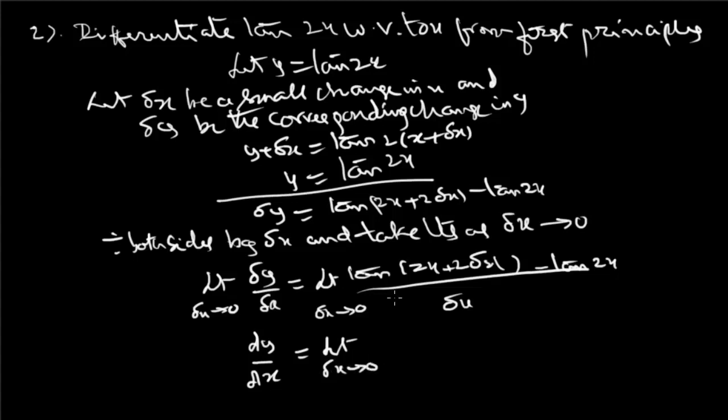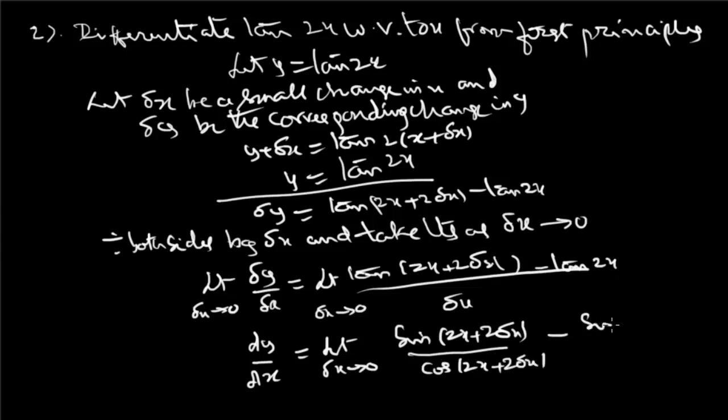Is equal to limit delta x tending to 0. Tan c minus tan d, there is no formula, so tan is written as sin by cos. Sin 2x plus 2 delta x by cos 2x plus 2 delta x minus sin 2x by cos 2x, whole divided by delta x.